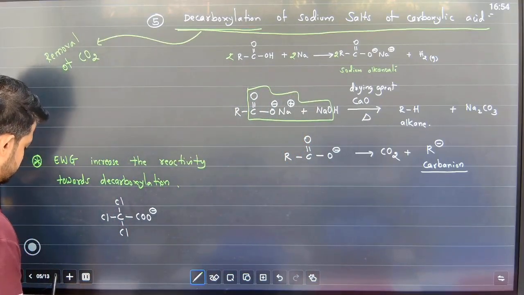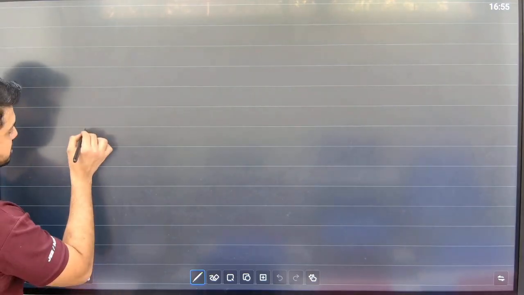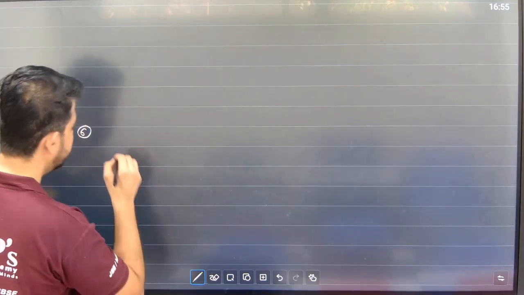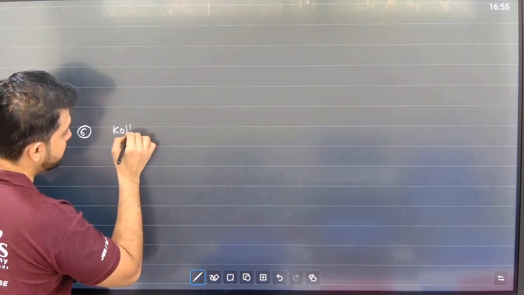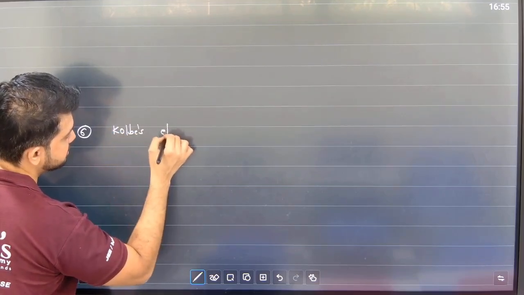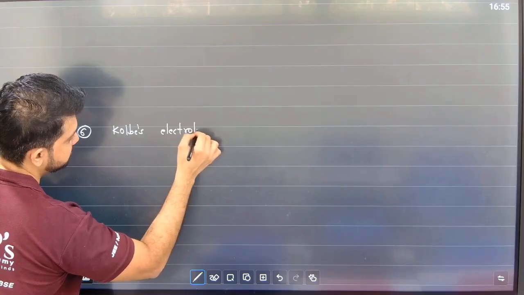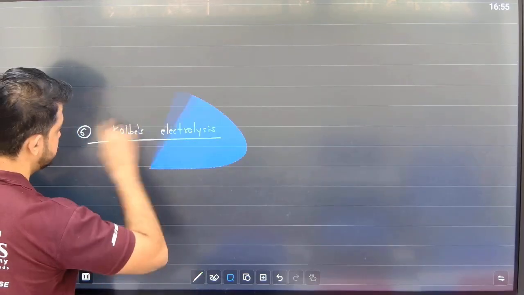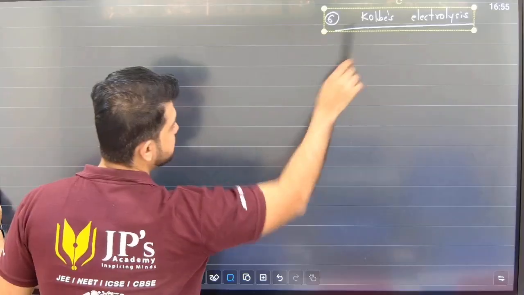Let's move ahead, students. The sixth reaction is something which I'm sure you have done in 11th standard, which is Kolbe's electrolysis. But let's do it again with the Dabba mechanism.